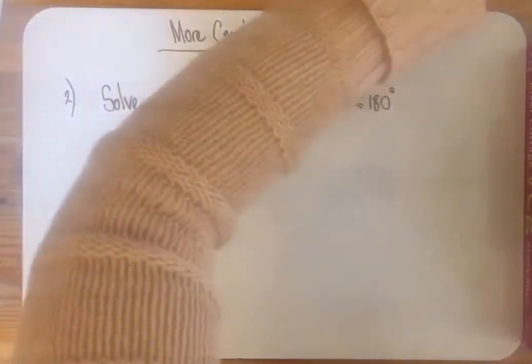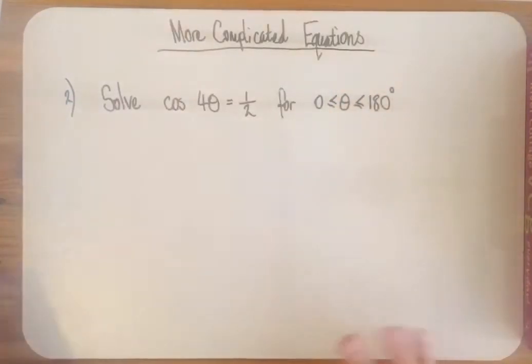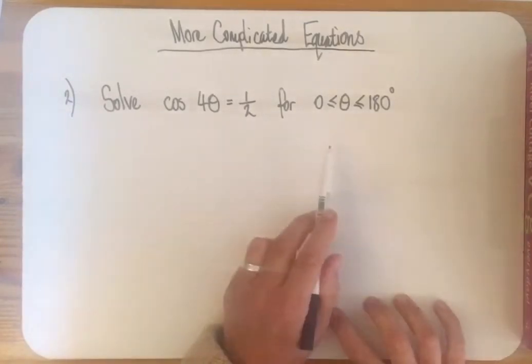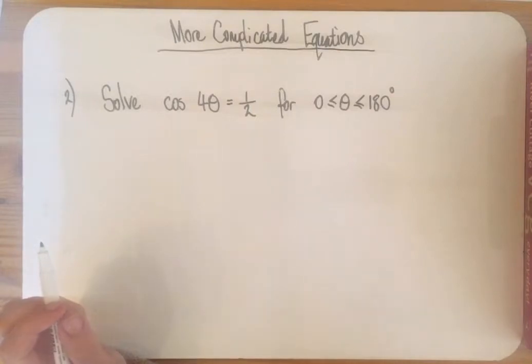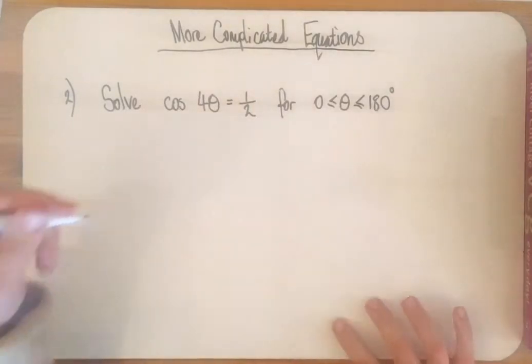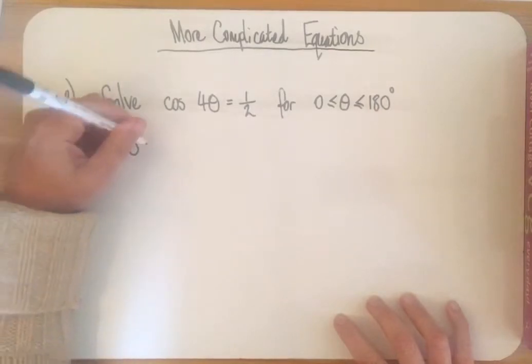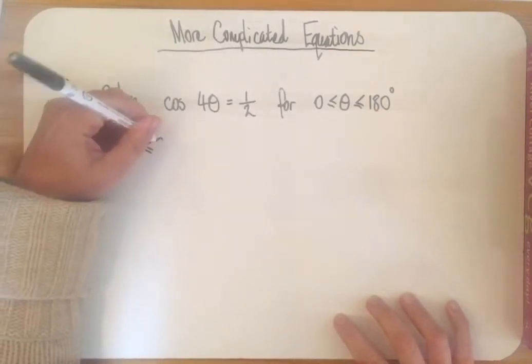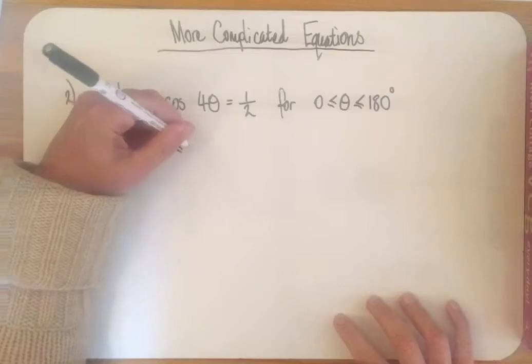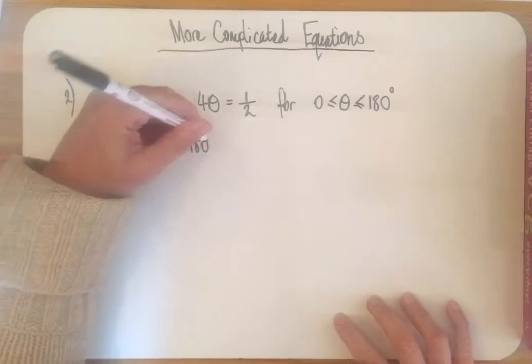Okay, I'm going to go through two more of these slightly more complicated trig equations. So solve cos 4 theta equals a half between 0 and 180 degrees. The first thing to do is change the domain. The domain is a set of values that are going into your trig function.